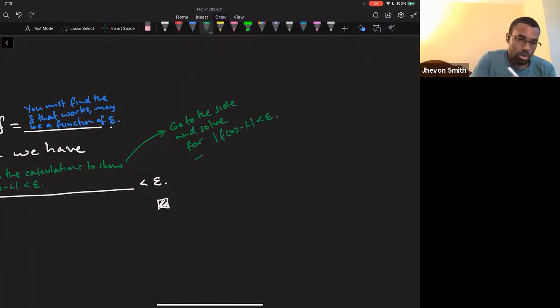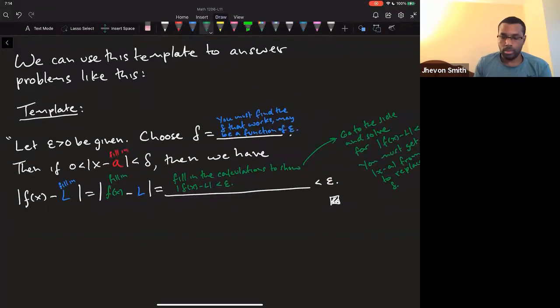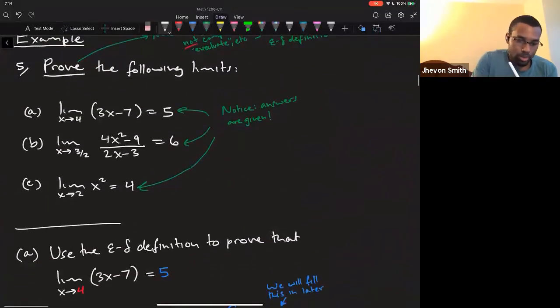You must get your x minus a from here to replace with delta. Yeah, and that's pretty much it. That's how you would do this problem. Let me show you another example. This one.